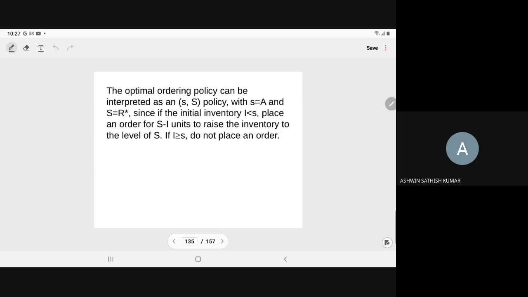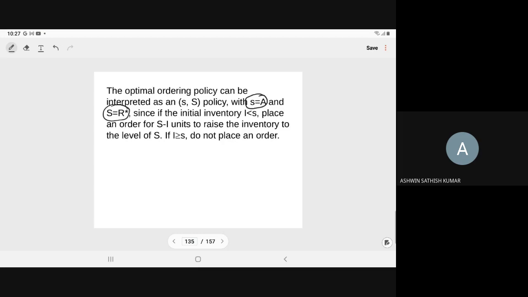In this case, the optimum ordering policy can be interpreted as an SS policy with S equal to A. At this inventory level we should order, and up to this inventory level we should order. In an SS policy, if our inventory is less than A, then you have to place an order to make your inventory level up to R star.